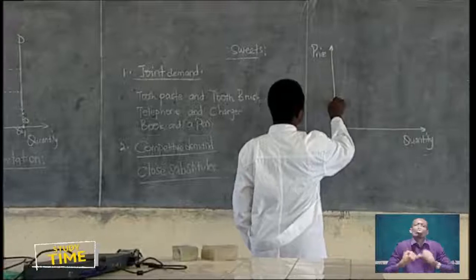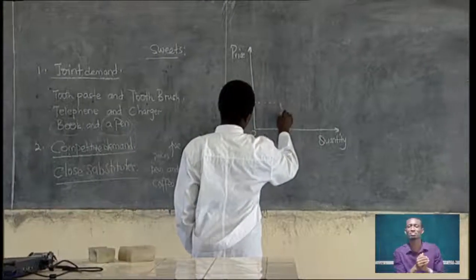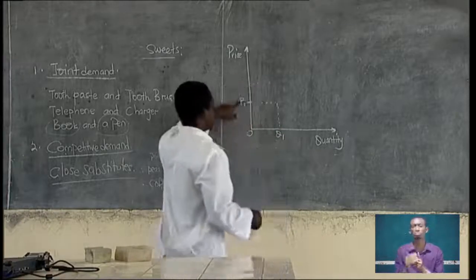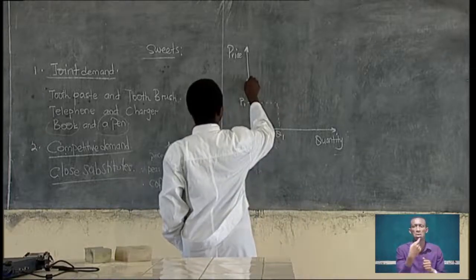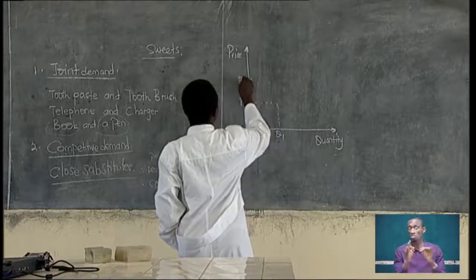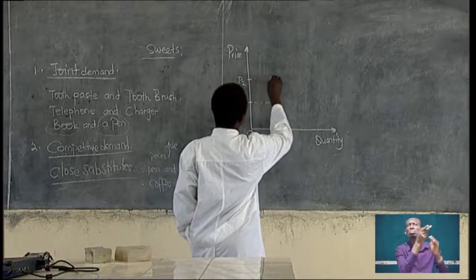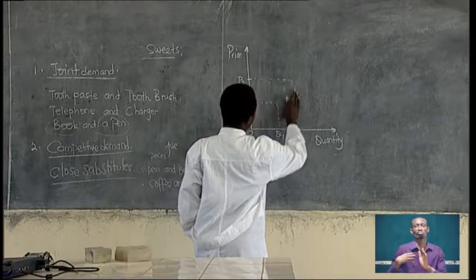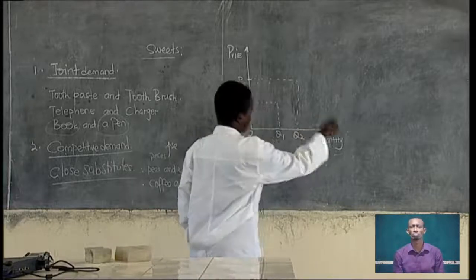So if this is price 1, then we expect quantity demanded 1. If the price increased to price 2, we expect quantity demanded also to increase, to quantity demanded 2.